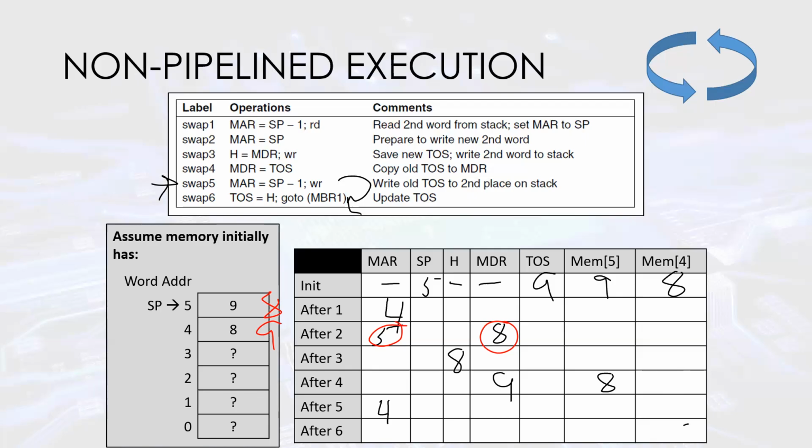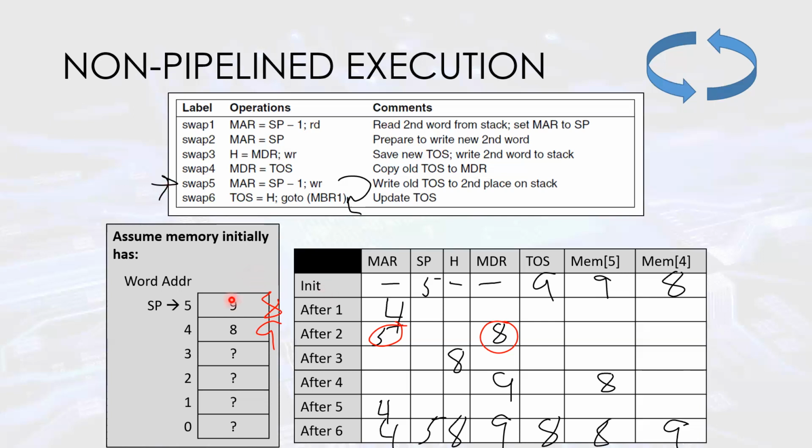Okay, so essentially we get a 9 down there. And then finally, the obvious thing, right? TOS equals H. So TOS is now going to be 8. Okay. So if we look at this, we'll go 4, kind of bring those down, 5, 8, 9, I'm sorry, 8. Okay.